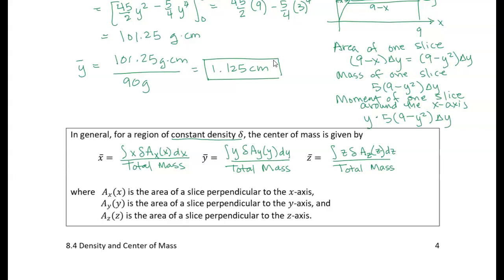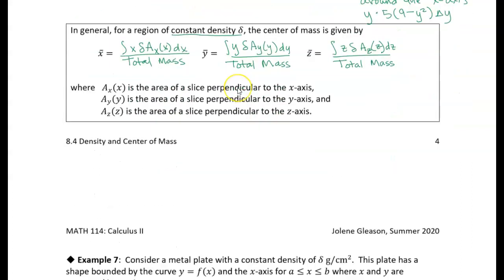You will be working with some 3-dimensional objects, but a lot of times we can take advantage of the symmetry of an object. For example, if you have a cylinder or a cone, then the cross-sectional area is a circle, which has perfect symmetry, so we only have to find the center of mass in one dimension.